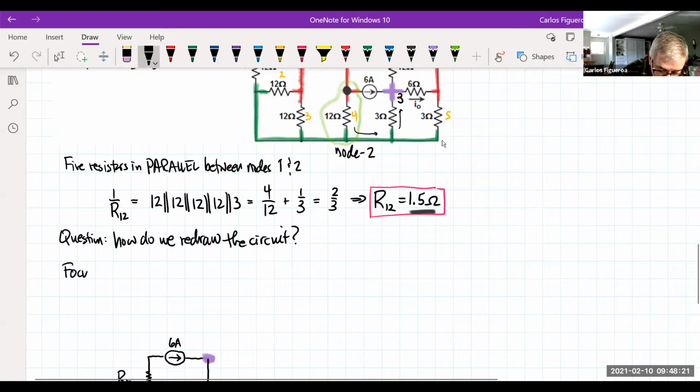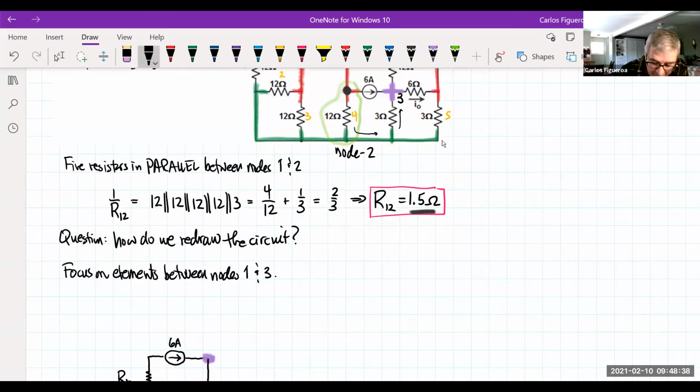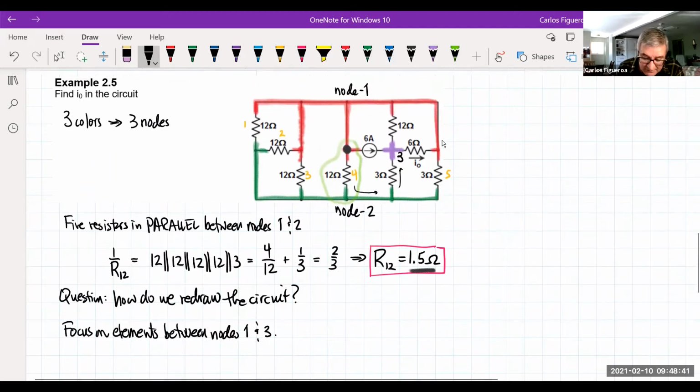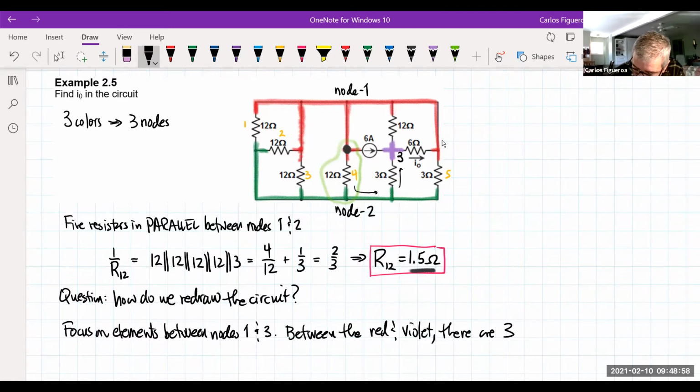So now I'm going to focus on elements between nodes 1 and 3. And what you're seeing here is that between the red and violet, there are 3 parallel elements.